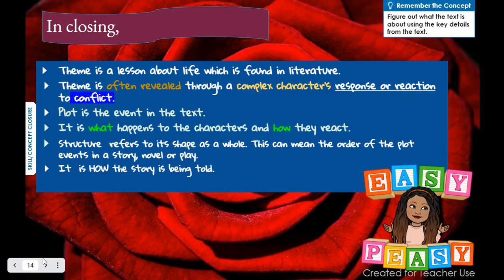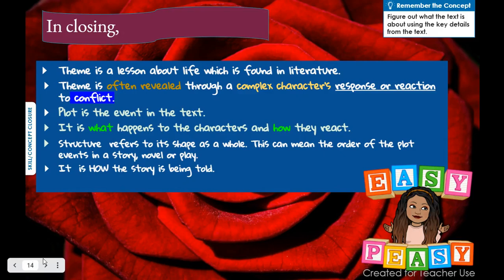Plot is the events in the text, and it is what happens to the character and how they react. When we're looking at structure, we're looking at how the text is shaped as a whole. This could be the order of the plot events in the text, novel, or play. It is also how the story is being told.